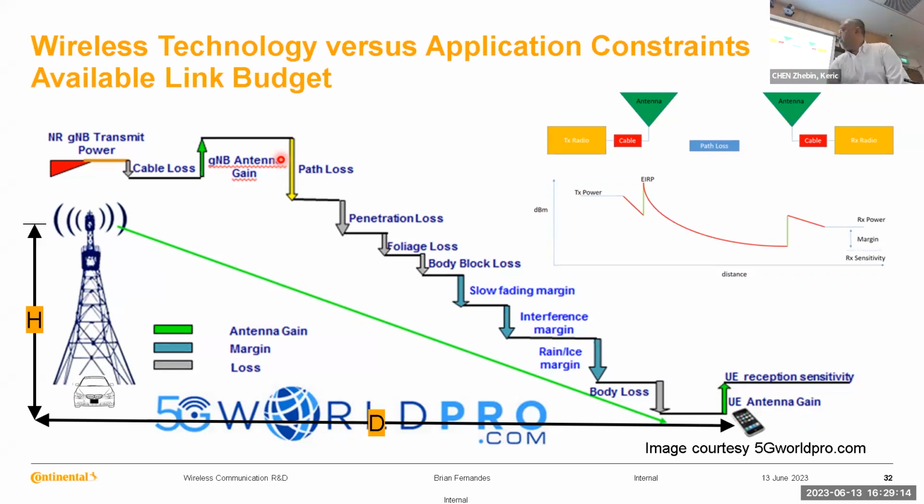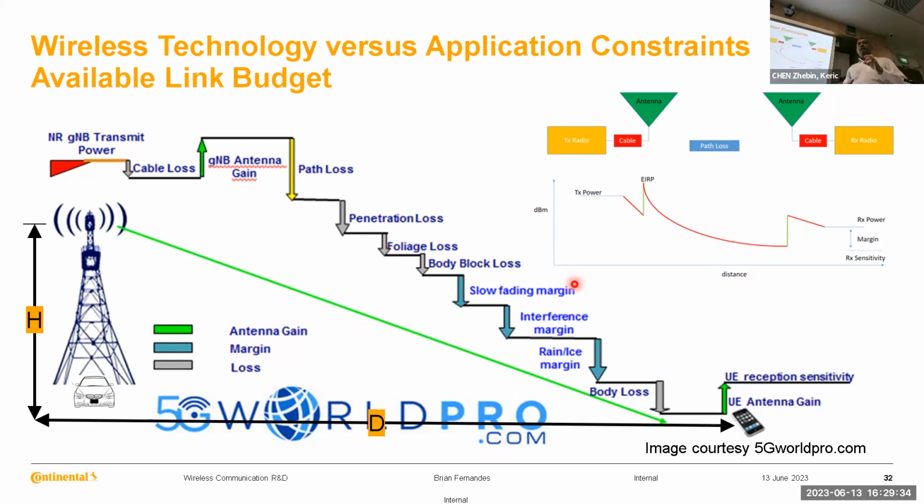Then of course we have to consider foliage loss in cases where it's broadcast over a large area, and body block losses due to different bodies along the path of propagation. And this would be all of the losses we would expect. And then we need to also consider some margins.